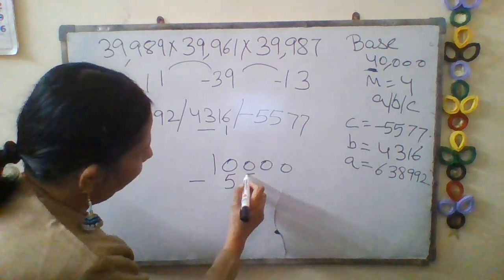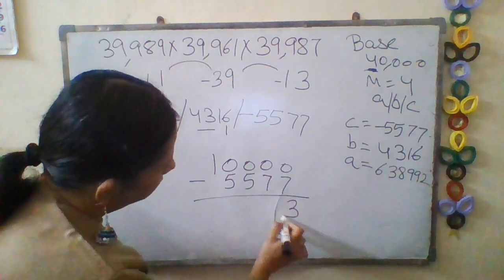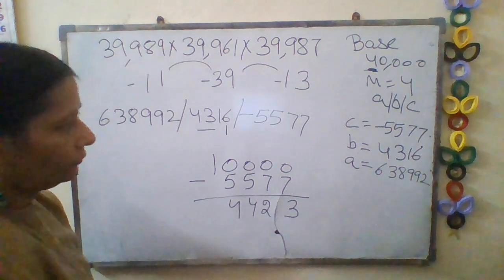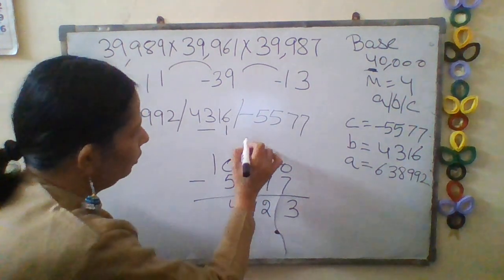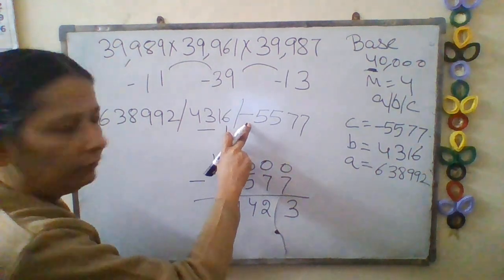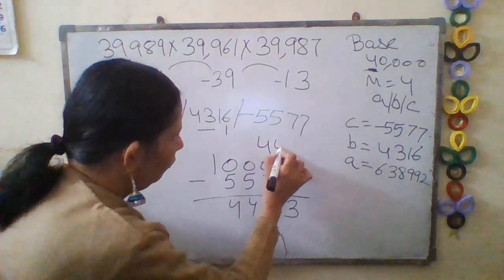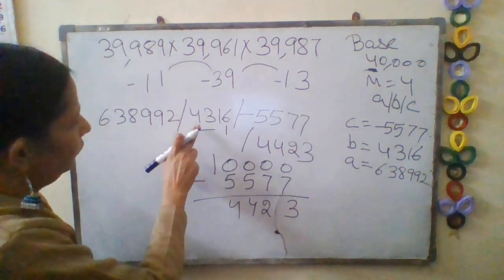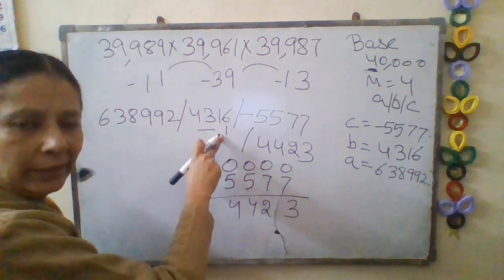Okay, 5, 5, 7, 7. What will you get here? Okay, now you got this 4, 4, 2, 3. So in place of this negative term, you will write down this positive term. Okay, 4, 4, 2, 3, and in slash. Now see here, what you have done? 4, 3, 1, 6 minus 1.